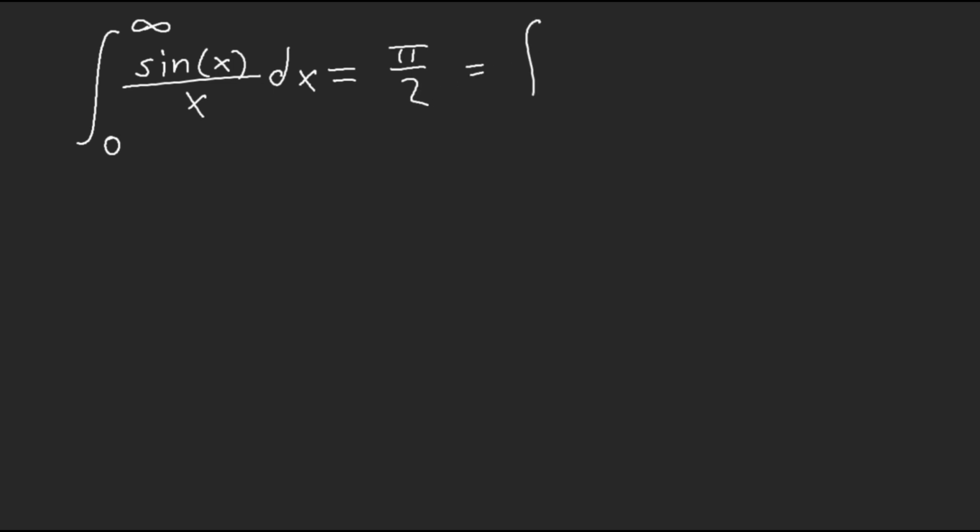It is also true for the squared version as well: sine square of x over x squared dx also equals pi over 2. So we learned that these Dirichlet integrals both equal pi over 2.